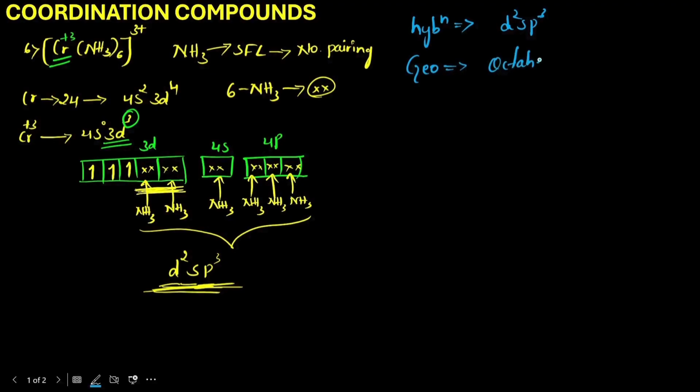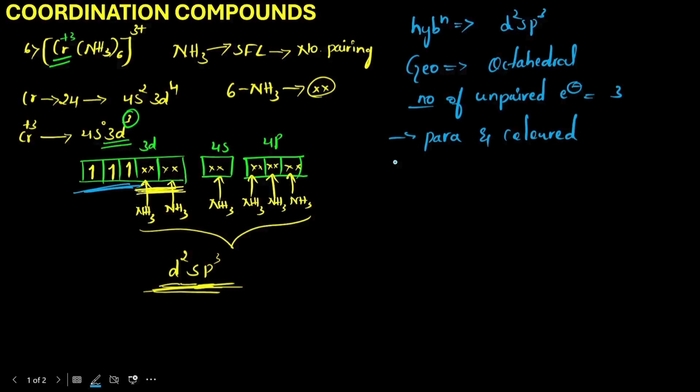What is the geometry here? Octahedral. Is there any unpaired electrons? Yes, we have unpaired electrons. How many unpaired electrons are there? 3 unpaired electrons. Number of unpaired electrons is equal to 3. Therefore it is paramagnetic in nature, and the compound is colored.